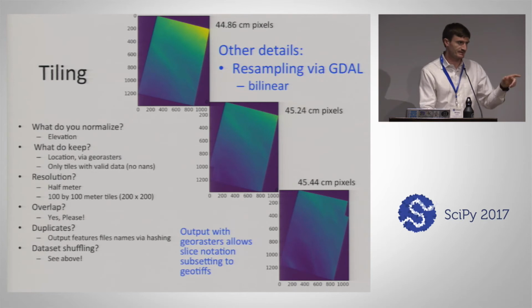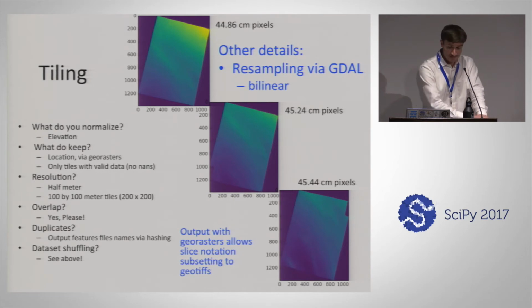So you can say, give me from 0 to 200 in both the X and the Y, and then write that out to a geotiff, and it'll have the lat-long information for the center of the image encoded as part of the metadata.